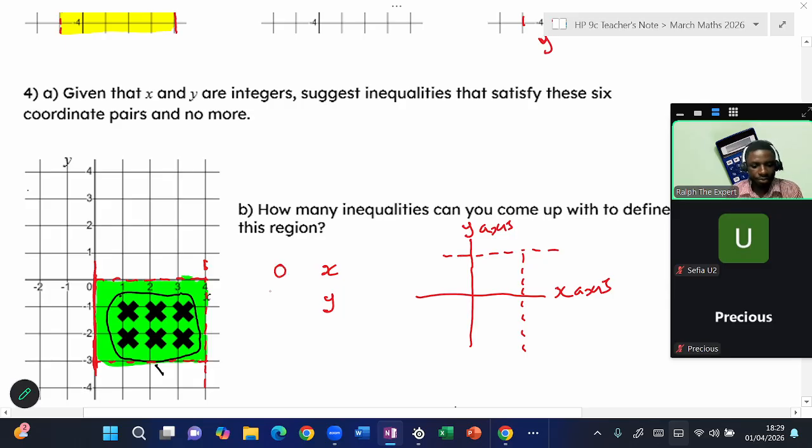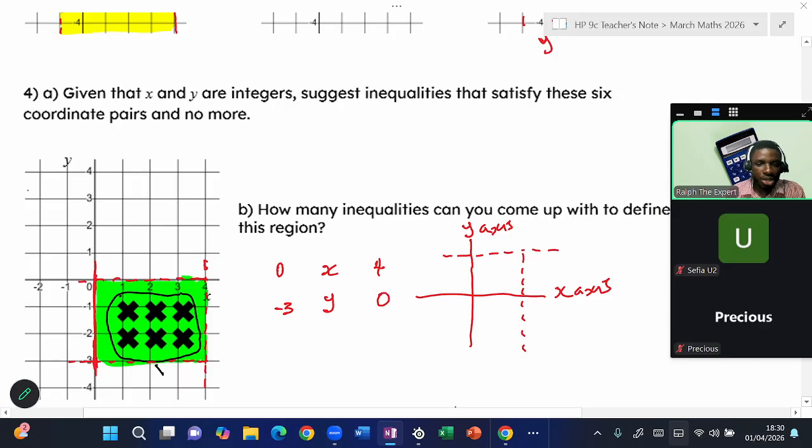And at the other side, we have 4 on the x-axis. Then when we come to the y-axis, the smallest number that is crossing is -3. And the biggest number crossing there is also at 0.